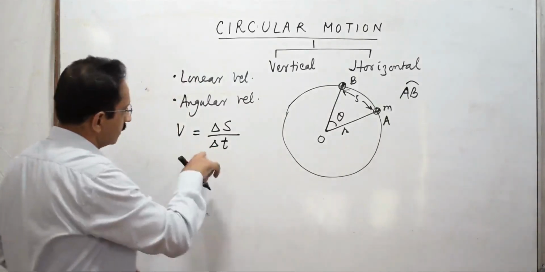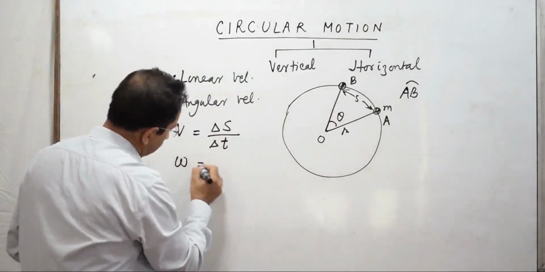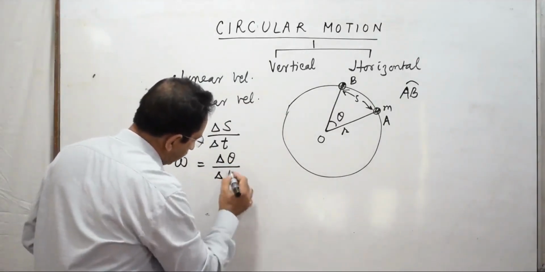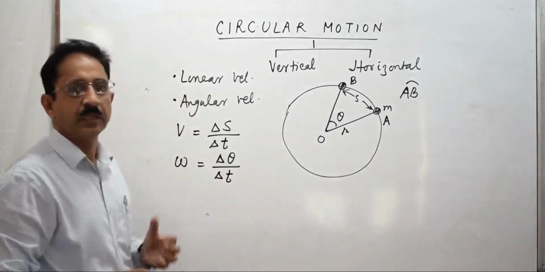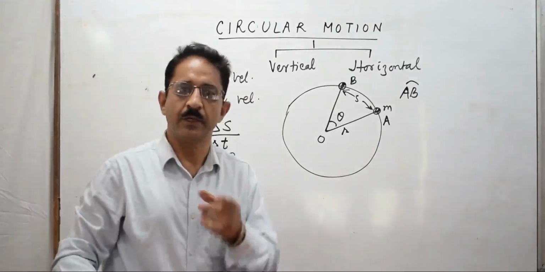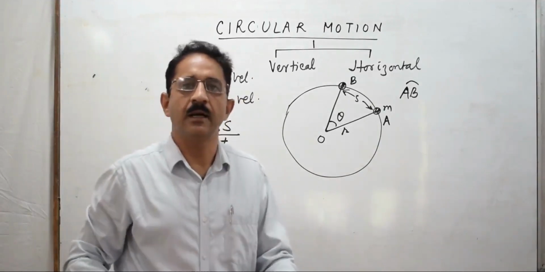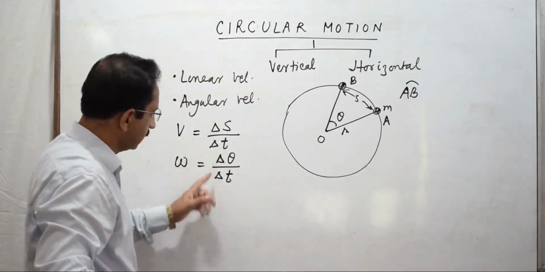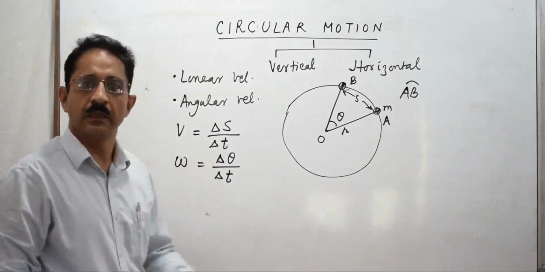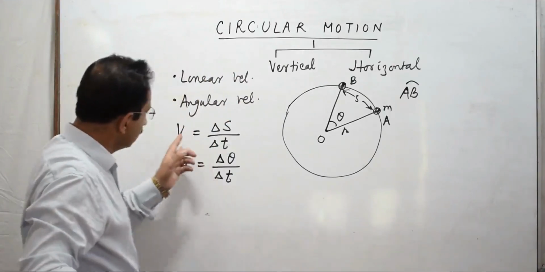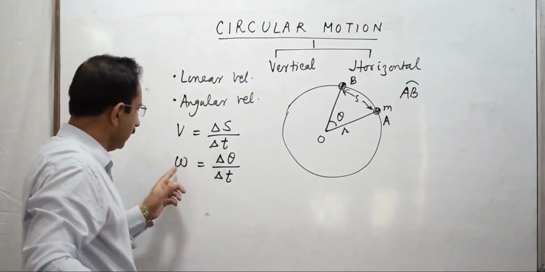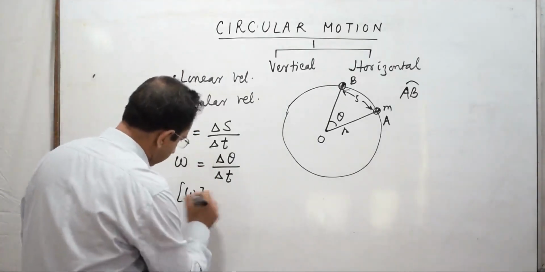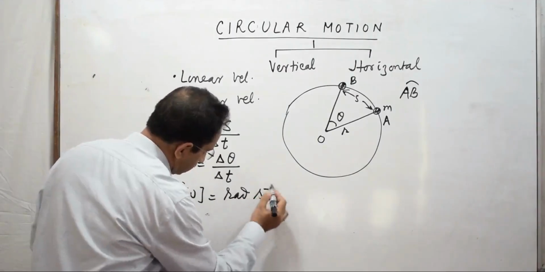As far as the angular velocity is concerned, if I denote it by omega, omega becomes equal to delta theta divided by delta t. It means the angle described by this body at the center, which we call delta theta, during time delta t, and this ratio omega, which is equal to delta theta by delta t, gives its angular velocity. As such, the unit of linear velocity will be meter per second and the unit of angular velocity will be radian per second. So we measure angular velocity in radian per second.